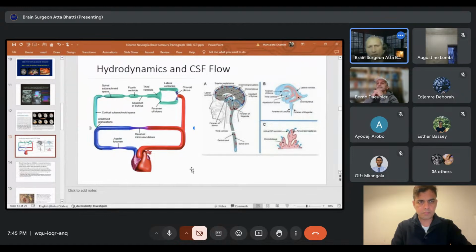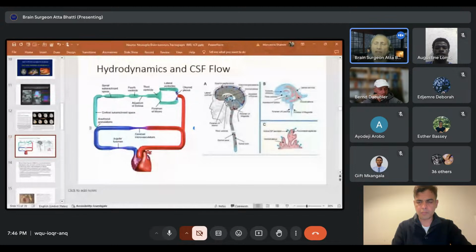Now, just quickly, there is cerebrospinal fluid. That cerebrospinal fluid is mainly secreted by the choroid plexus, mainly present in the ventricular system, lateral ventricle, and some third ventricular and fourth ventricular areas also have ependymal cells.